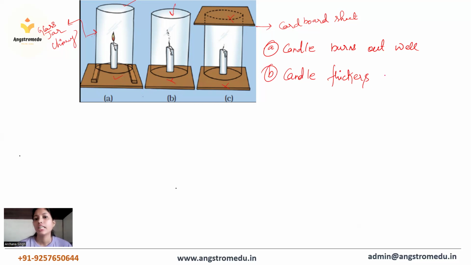The candle flickers and blows out. In C, the candle is basically not burning. In the second case, after some time, it will flicker and blow out, meaning it will not be burning. Now, what is happening?